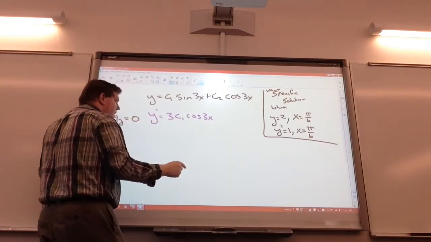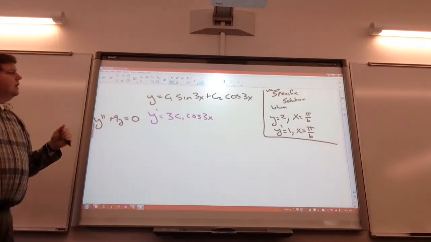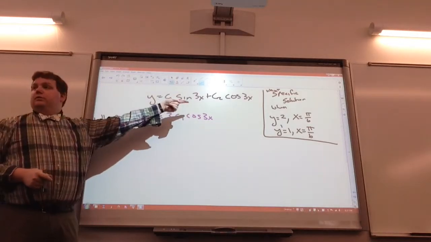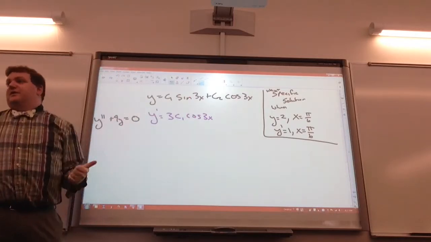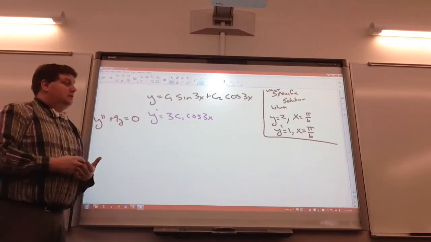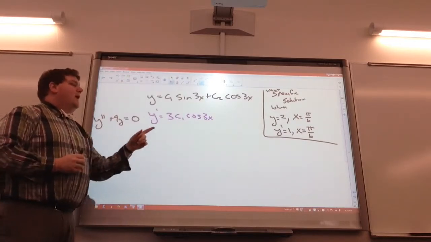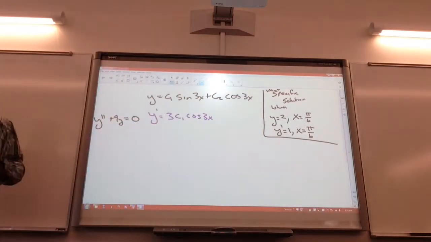It's the chain rule: the derivative of sine of 3x would be 3 cosine of 3x, or cosine of 3x times 3. The constant C1 doesn't go away, because it's a constant out in front, a coefficient. So it just doesn't go away.